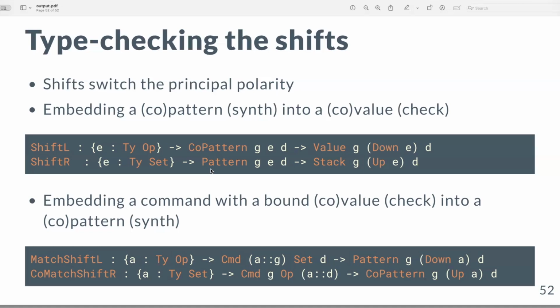We need to synthesize these variables so we can check things the other direction. Sorry, vice versa: the checkable thing is synthesizing. So we synthesize patterns and co-patterns, but we need to check this variable and covariable, which means that if we build this type checking algorithm, this is exactly where the annotations will go. The synth to check annotation. And that's the last slide.